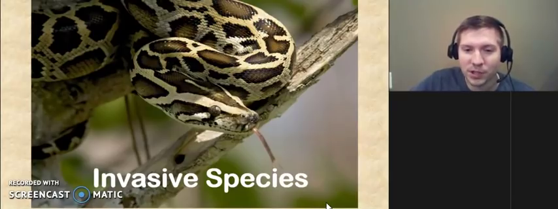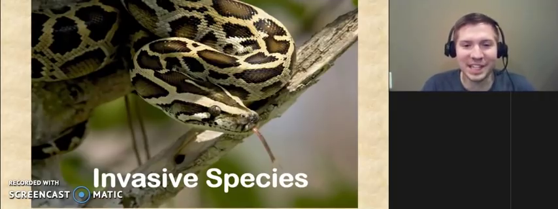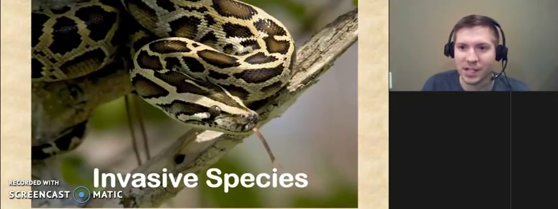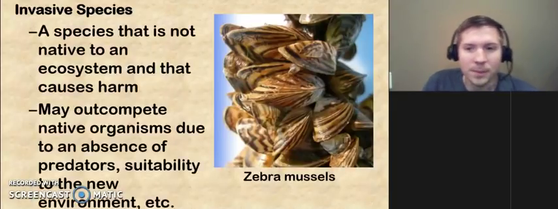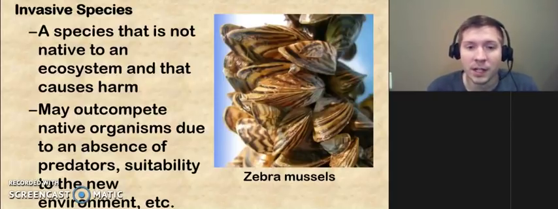Our next effect we're going to look at is invasive species. Here's a picture of a Burmese python, which is unfortunately now common in parts of Florida where it has invaded. Invasive species are species that are just not native to their ecosystem and that can cause harm.